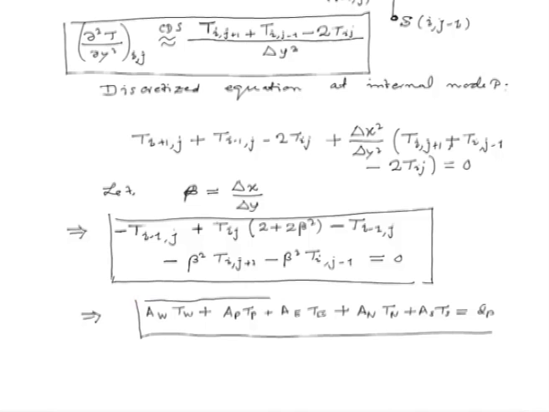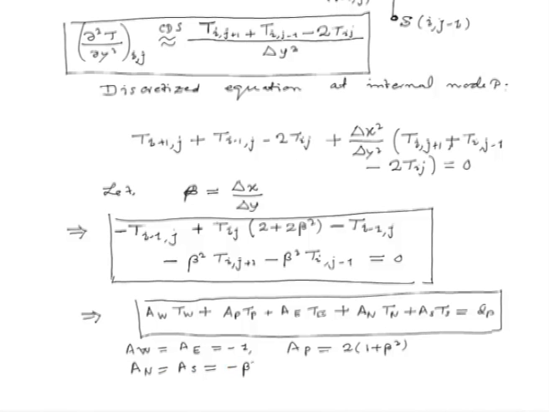We can easily compare the coefficients and write these values here. A w is equal to A e is equal to minus 1, A p is equal to 2 times 1 plus beta square, and A n is equal to A s is equal to minus beta square.